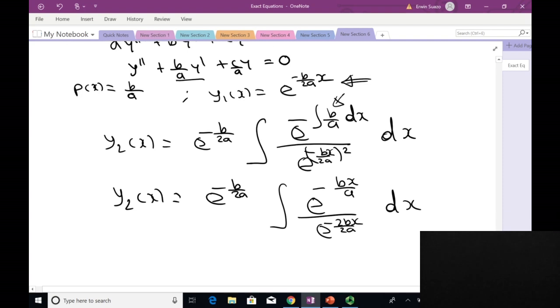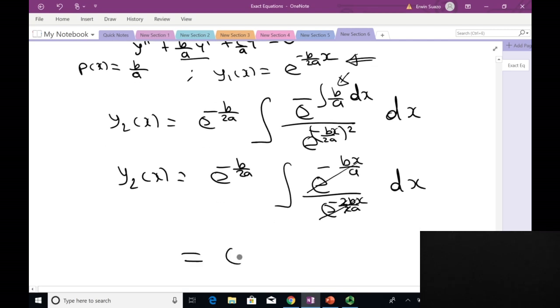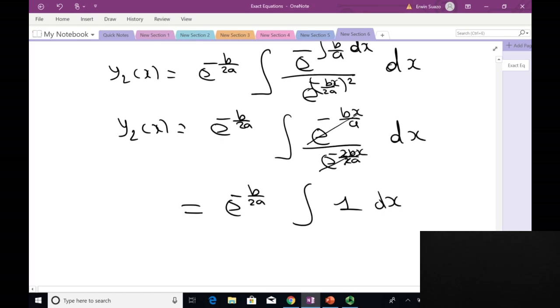So this cancels, and then the whole thing cancels, right? Minus bx over a cancels with this one. So I got e to the minus b over 2a x times the integral of 1 dx. And what is that? x.